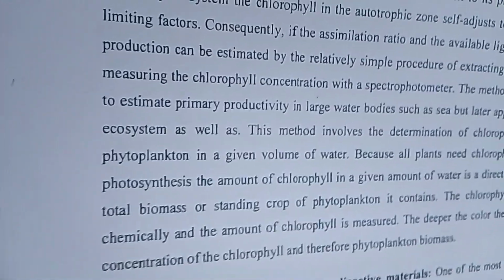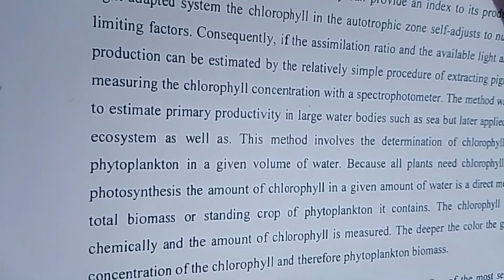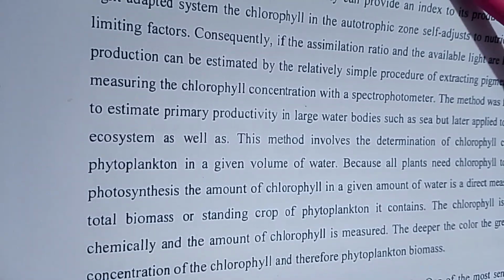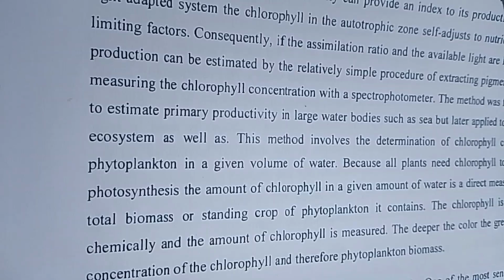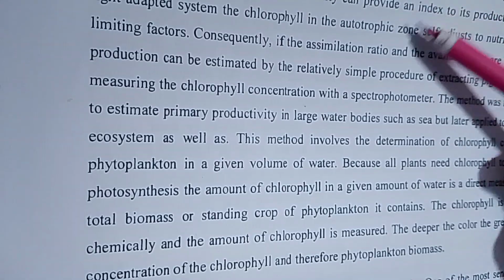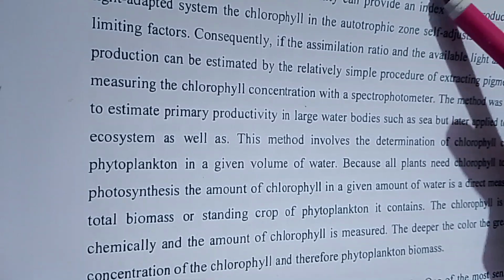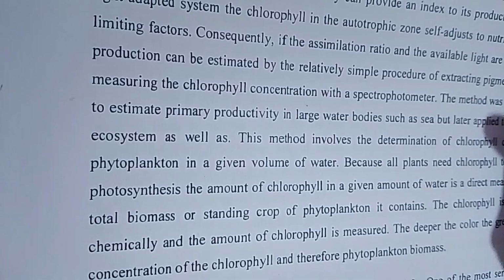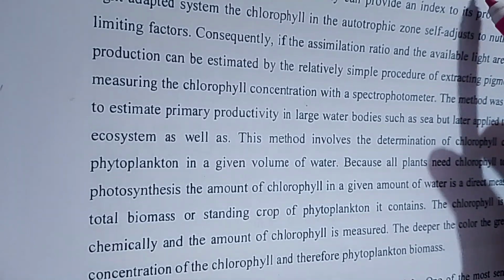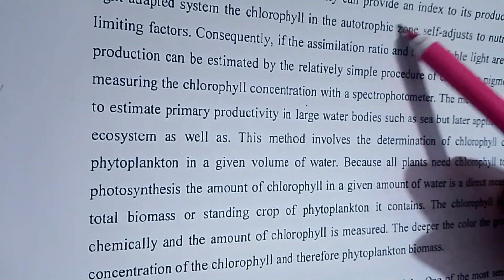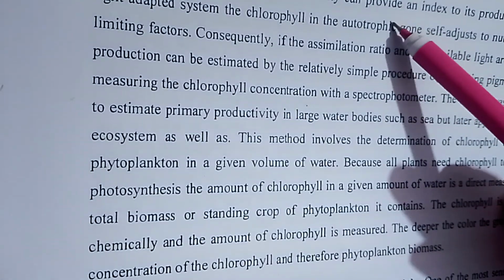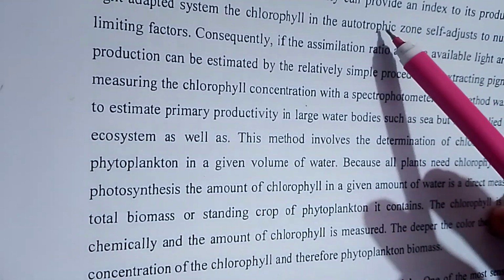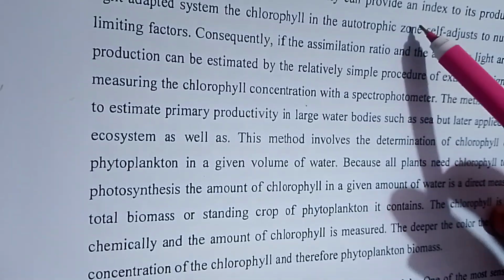Chlorophyll method. This method is based upon estimation of productivity from chlorophyll concentration and light intensity through the water column. The technique evolved from the discovery by plant physiologists that a close relationship exists between chlorophyll concentration and photosynthesis at any given light intensity.